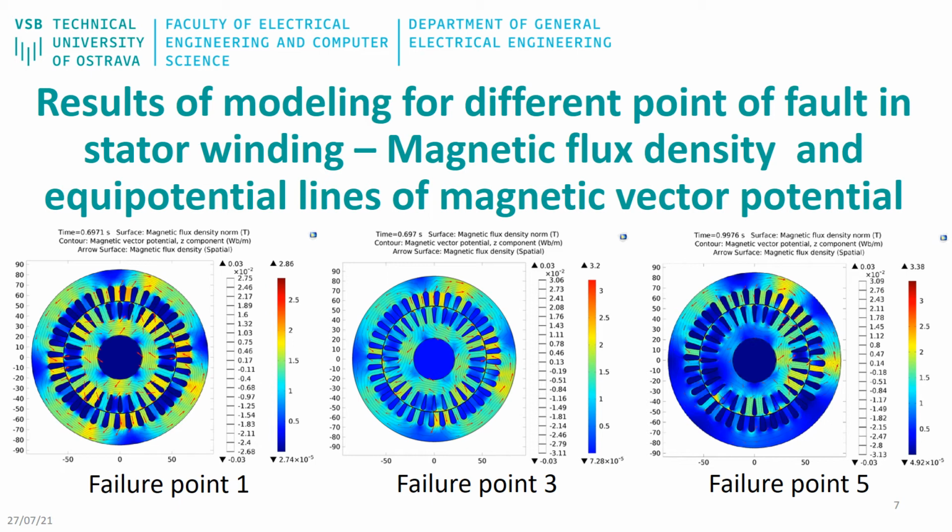At a simple look, it can again be seen that with the increasing fault point, the distribution of magnetic flux density and magnetic vector potential is more unbalanced, compared to the ideal case for a healthy motor on page 4. This fact also corresponds with the previous page, where the current in the affected phase increased with the fault point.